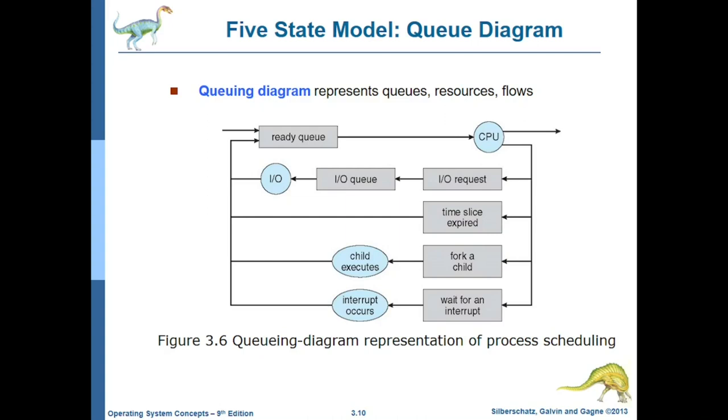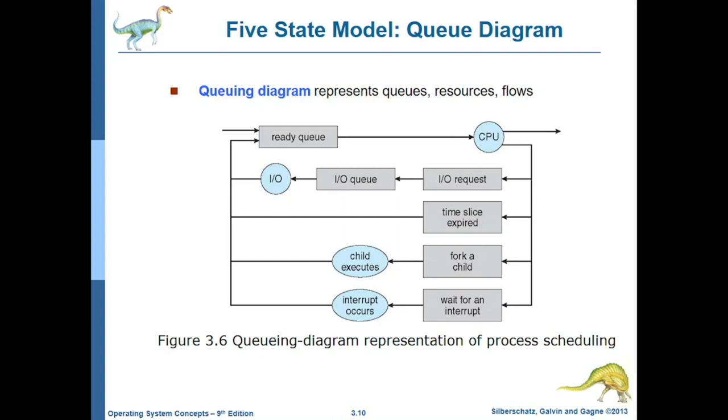We also have the following flows, whereby a process can move from the ready queue to the CPU when it is selected by the scheduler. The scheduler is part of the operating system that decides which process should run next on the CPU.